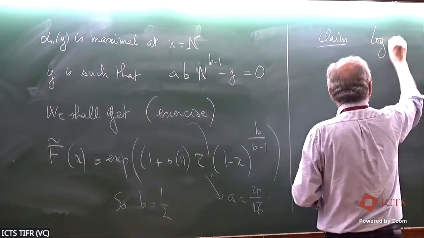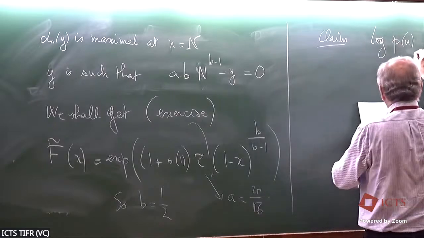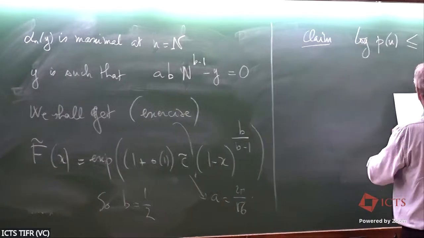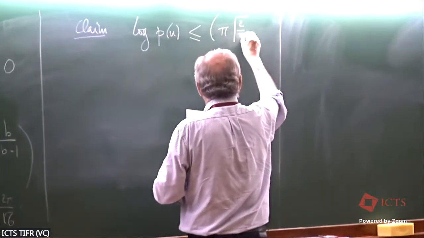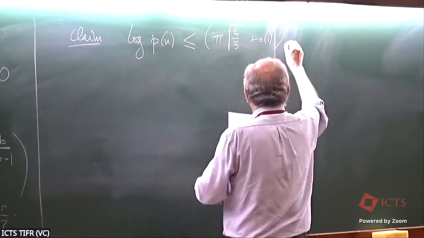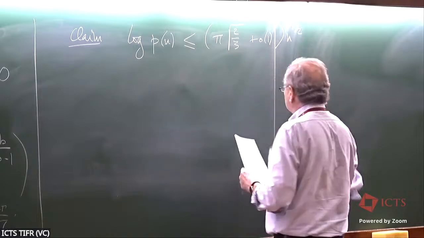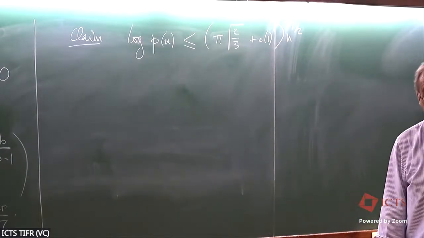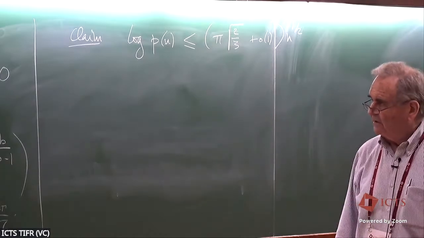Log of P of n is less than pi square root over 3 plus little o of 1 times square root of n. We can indeed prove that it is at most this, always from that.